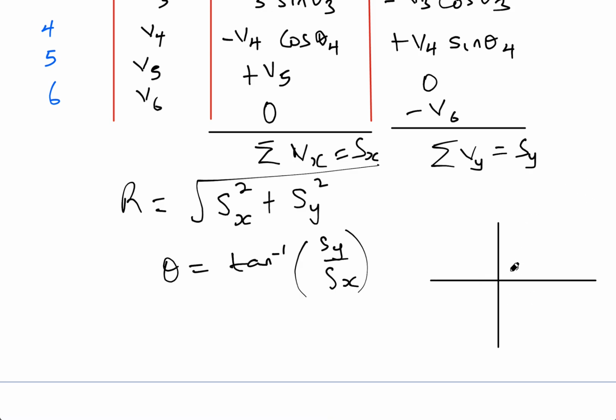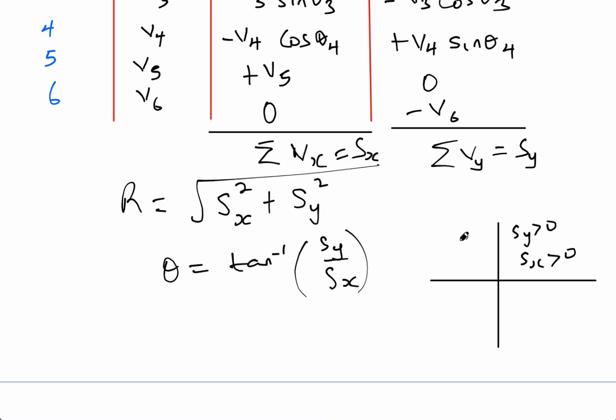Let us say that your sy is greater than 0 and your sx is greater than 0. That is, both of them are positive. Then you can just apply this formula directly. That will be your direction. So theta is still theta.